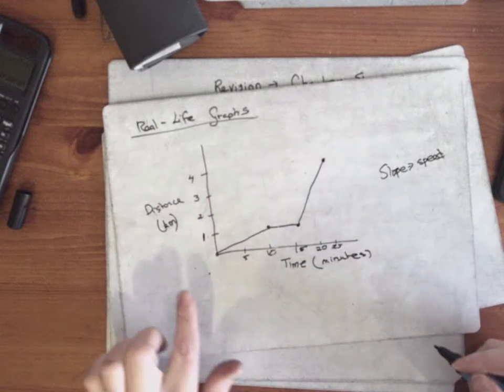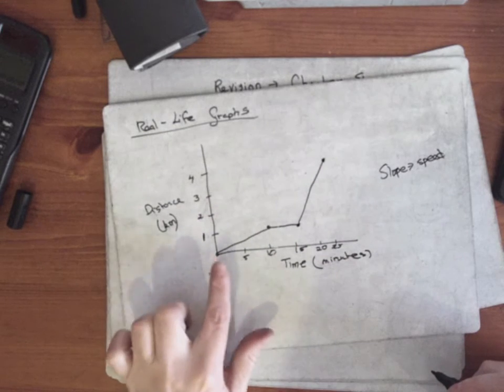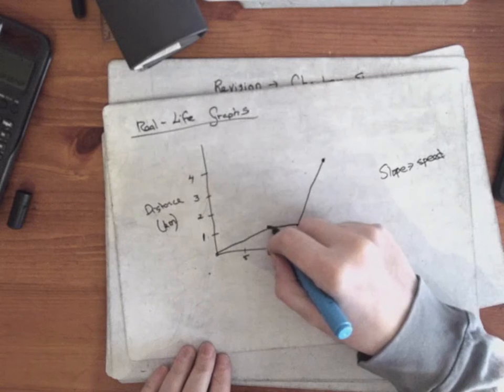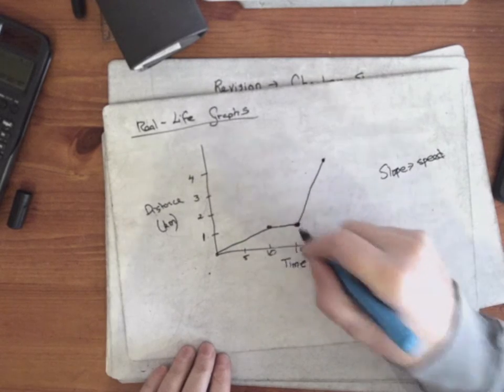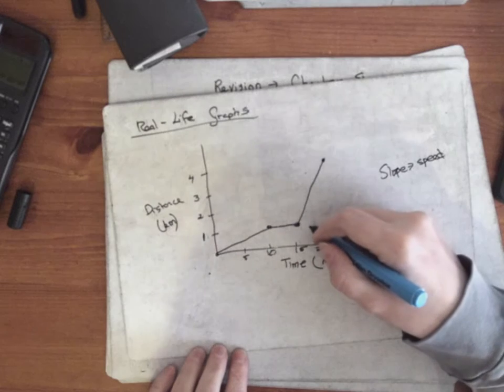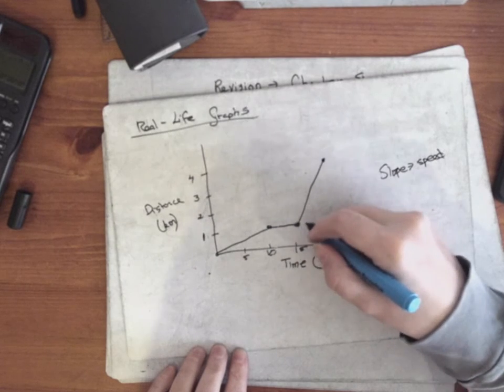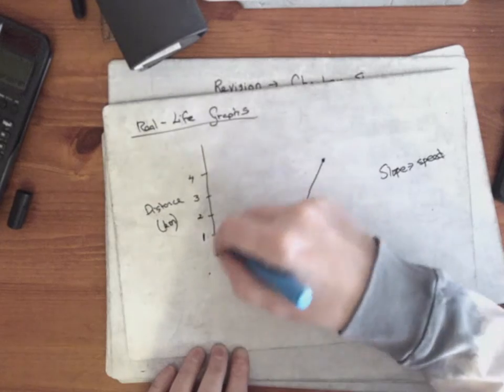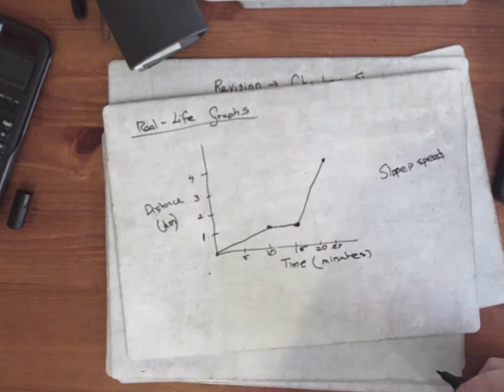At 10 minutes I must have popped into the shop for 5 minutes, because I stopped, and then I realised, oh my god, I'm never going to get home. So between 15 and 25 minutes, the next 10 minutes, I walked the last 3 kilometres.